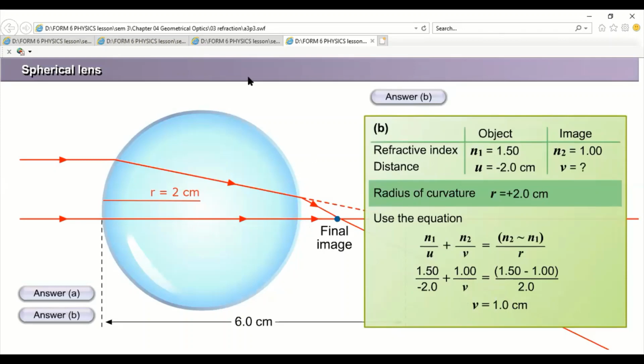That means that from here to here, it will be 1 cm. So that means the final image is 1 cm from the other side of the curved surface.